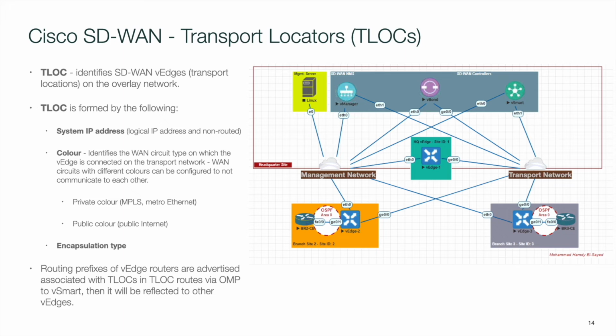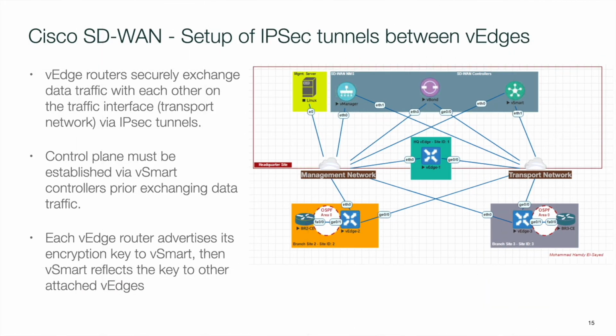Then the vSmart controllers will reflect the received TLOC routes to other vEdge routers to announce the existence of the vEdge TLOC and the prefixes received from this vEdge. IPSec tunnels must be established between vEdge routers over the transport network, so vEdge routers can exchange data traffic over them.